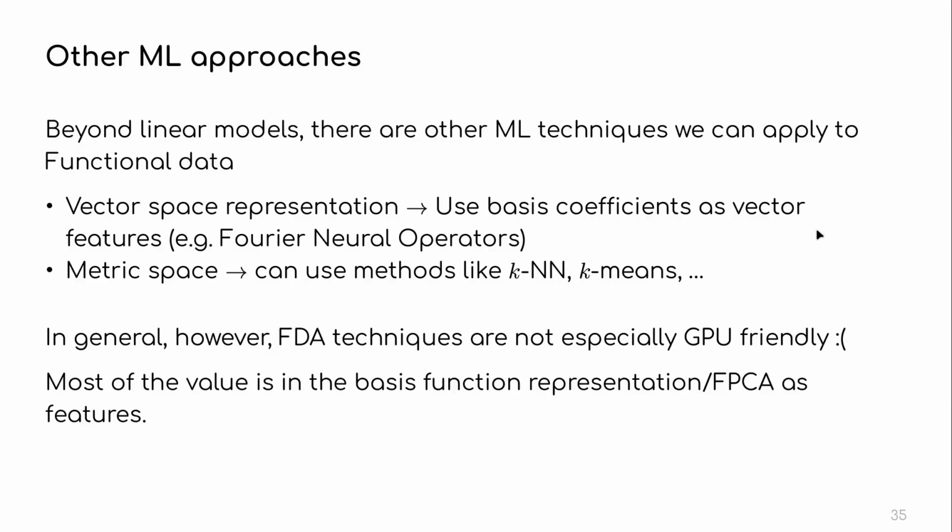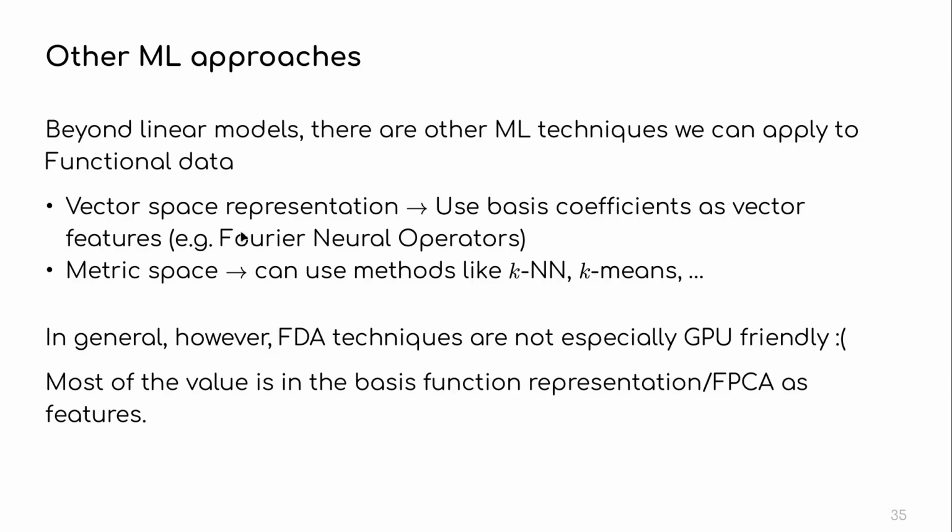Okay, so before we finish, beyond linear models, of course, there's a bunch of other machine learning techniques we can do with functional data. Because we have a vector space representation, it's nice and easy to manipulate. We can use the basis coefficients as vector features in a neural network and just let it rip. That works quite well. For example, there's a nice structure of neural operators, especially Fourier neural operators, which do exactly that.